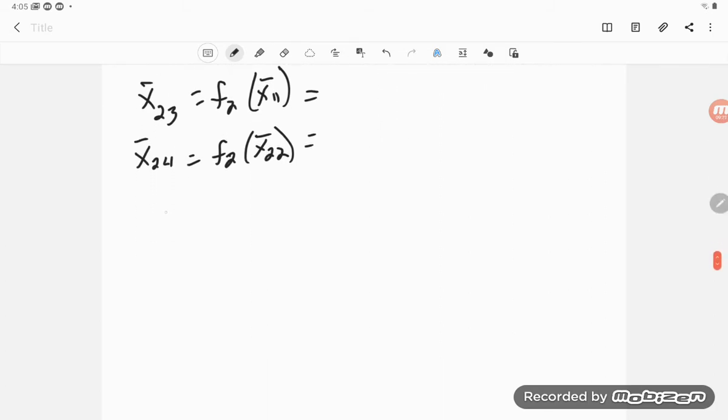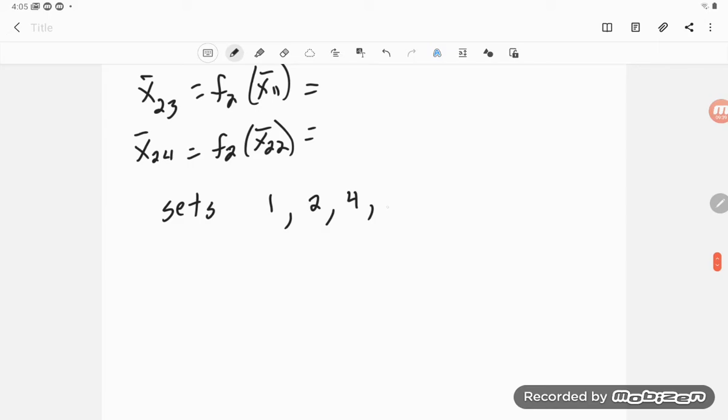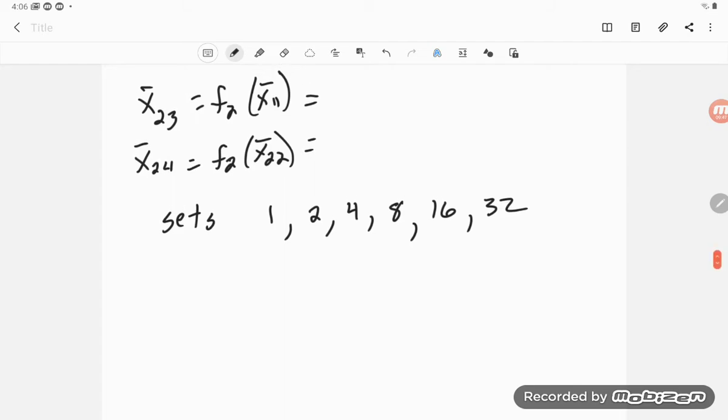Okay, so the size of my sets: I started with 1 vector, and then I had 2, and then I'll have 4, and then I'll put each of those 4 into another one. That'll be 8, and then 16, and then 32 vectors or points in that set. And so these sets just keep getting bigger and bigger. In this case, I'm multiplying by 2 each time.